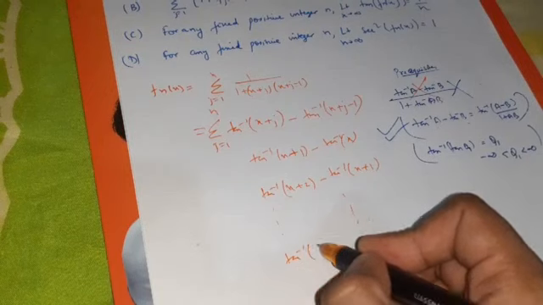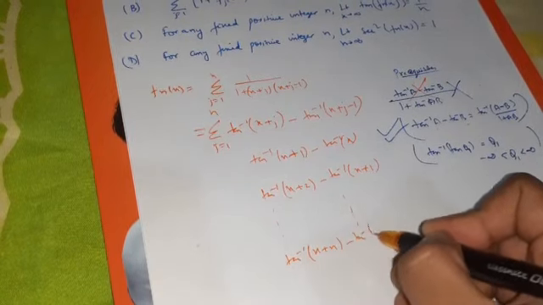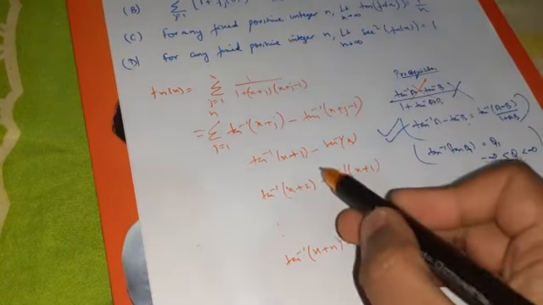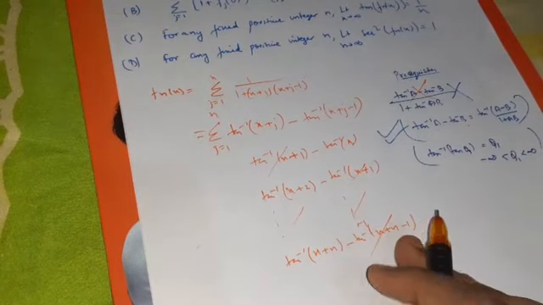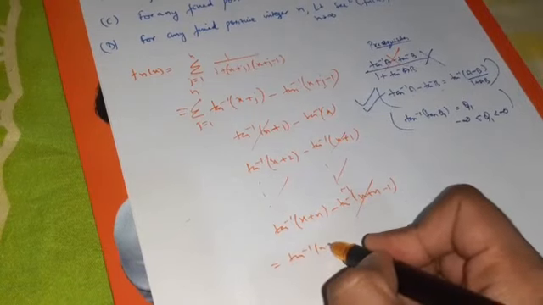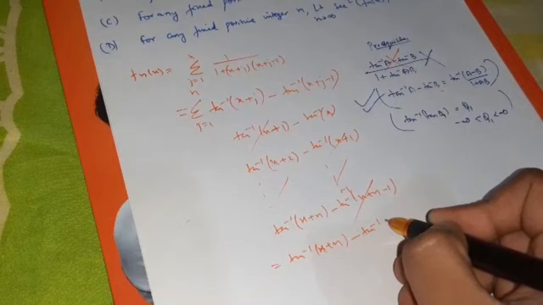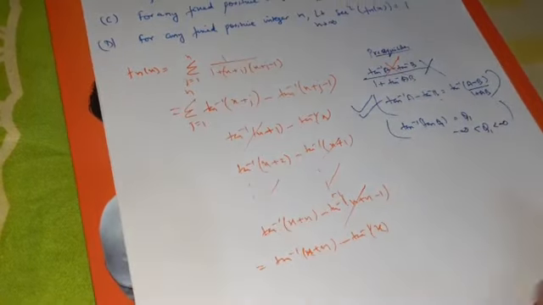At last, what do we get? Tan inverse of (x plus n) minus tan inverse of (x plus n minus 1). What you will see is that these terms will cancel out, the last term is cut out, and the whole summation turns into tan inverse of (x plus n) minus tan inverse of x.